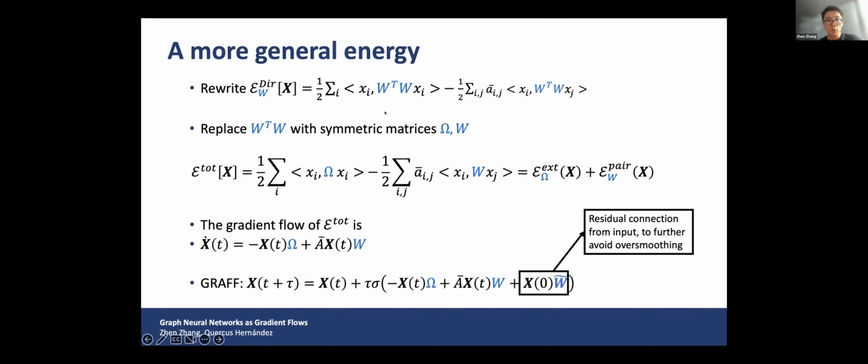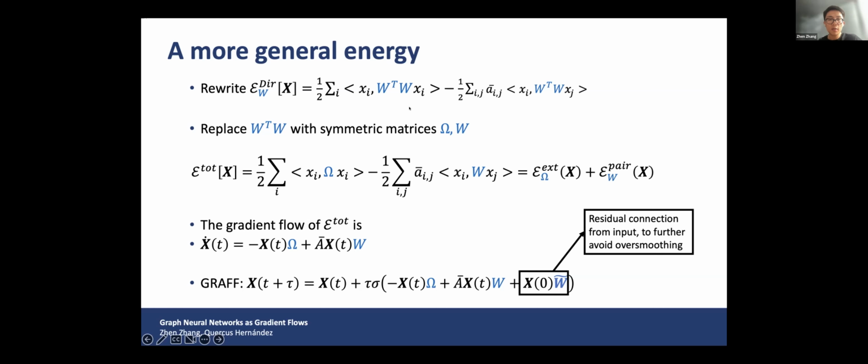And what they do is they try to generalize from the previous page by rewriting this Dirichlet energy. They first write this Dirichlet energy as a sum of two parts. The first part corresponds to the external energy part, and the second part corresponds to the interaction part, right? And what they observe is that for this W transpose W part, it must be positive definite.